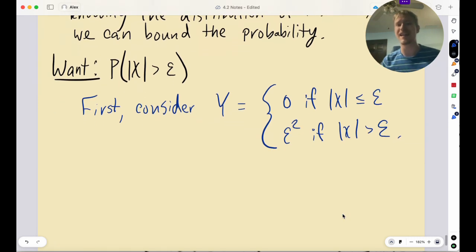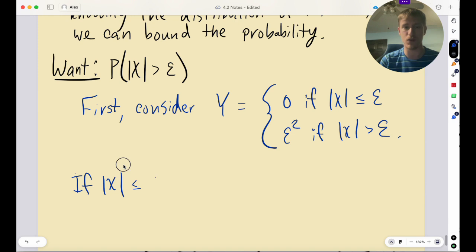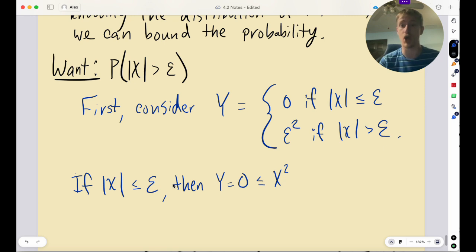But before I say anything about the random variable, I want us to consider two cases. If the magnitude of x is less than or equal to epsilon, then the random variable y is equal to 0, which has to be less than or equal to x squared, because the square of a number is always non-negative.